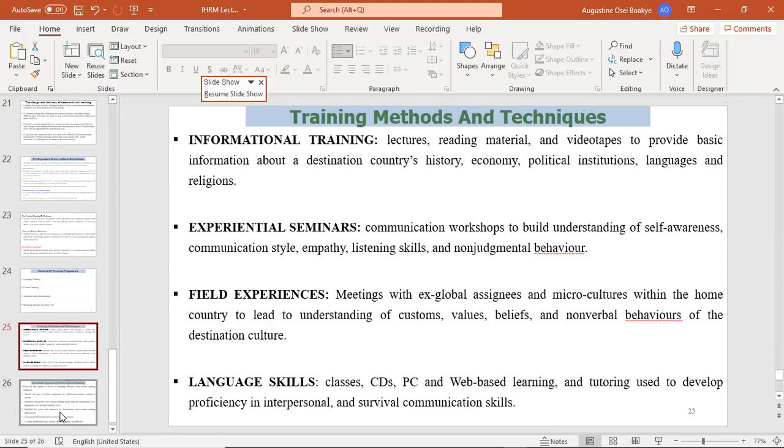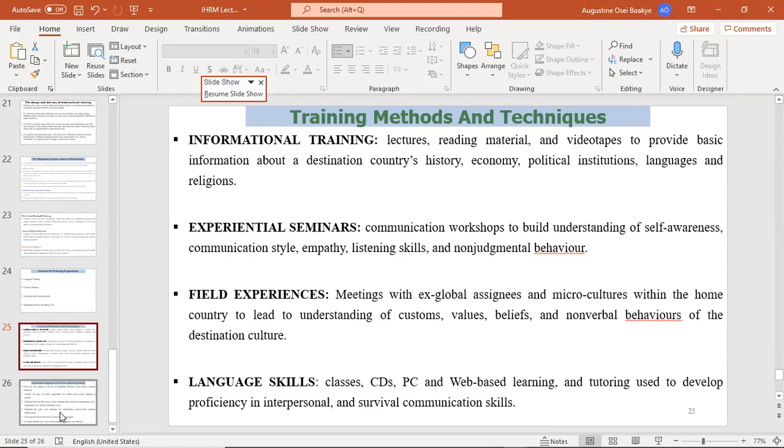This is a sort of training administered to inform the international assignees or the global workforce of some of the things they should expect, for instance, when they go into the subsidiary countries, some of the things they can adopt to survive over there, some of the cultural issues, and so on and so forth. So it is something to enlighten them about different cultures, different ways of behaving or doing things.